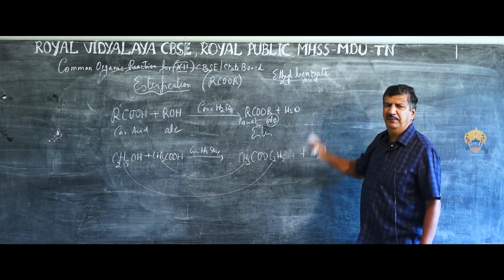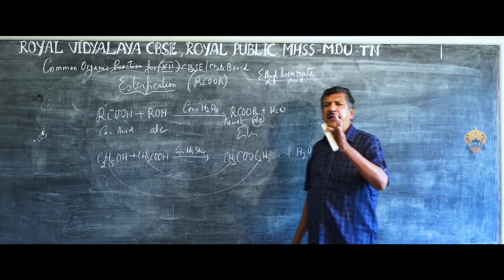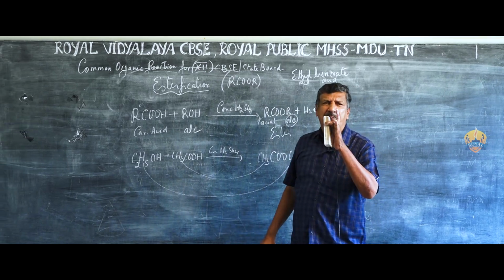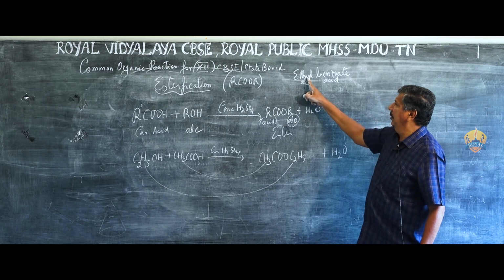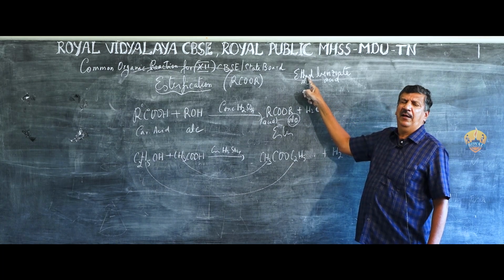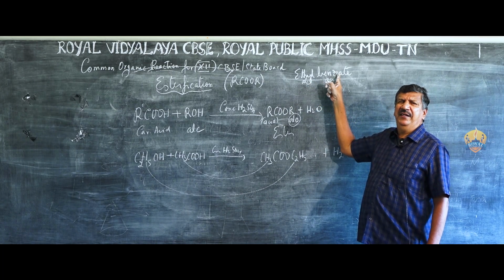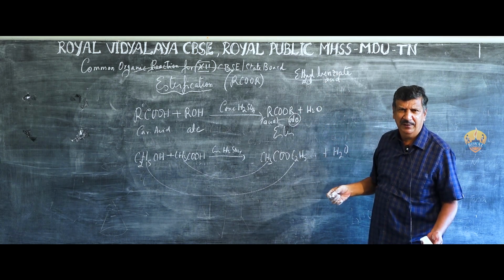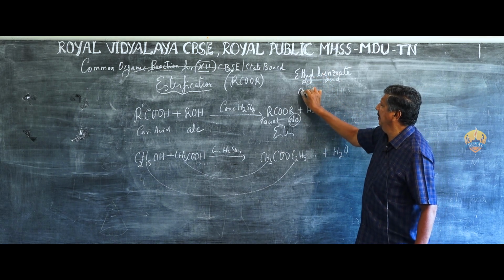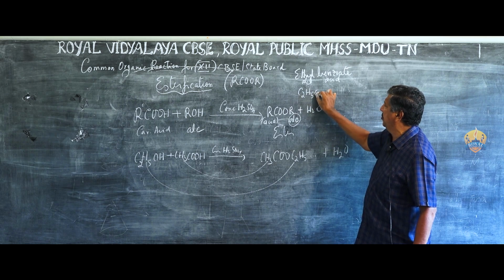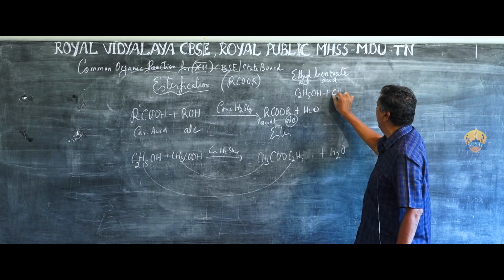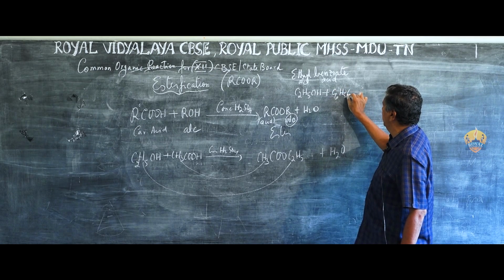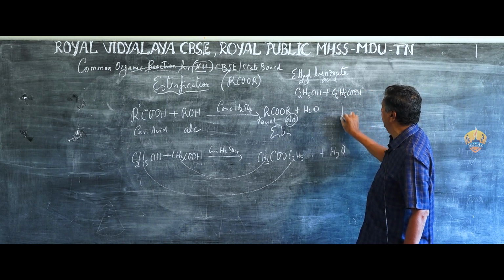This is the technique. Whenever anybody asks you how to prepare an ester, the first name should be taken as an alcohol and the second name should be taken as an acid. Ethyl means ethyl alcohol. Benz means benzoic acid.